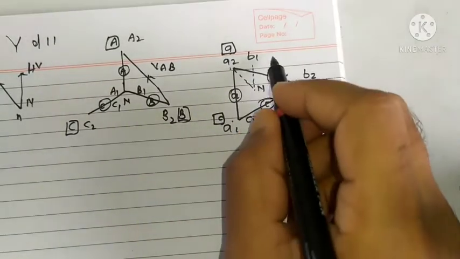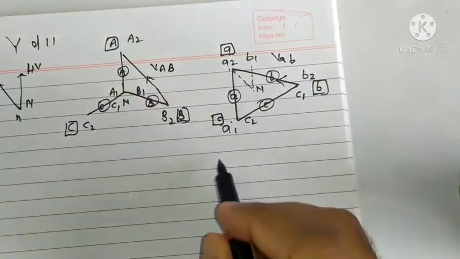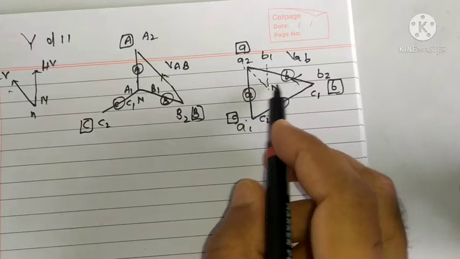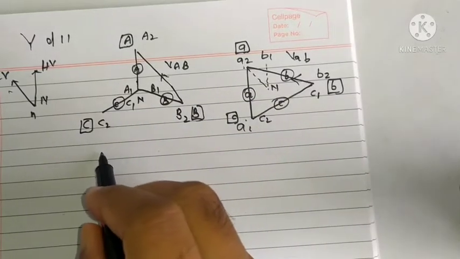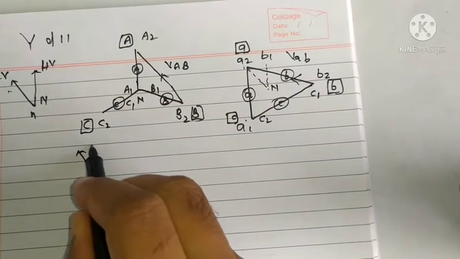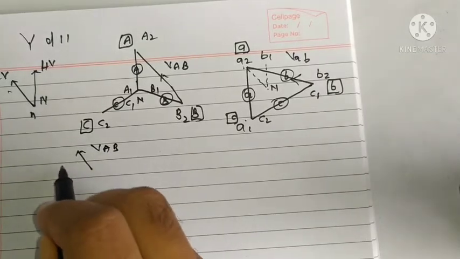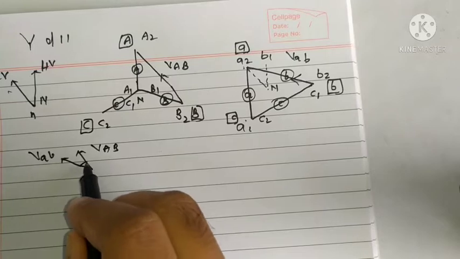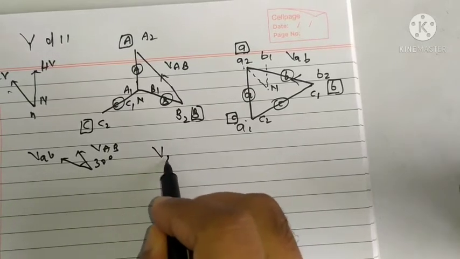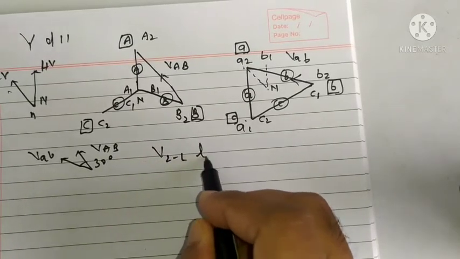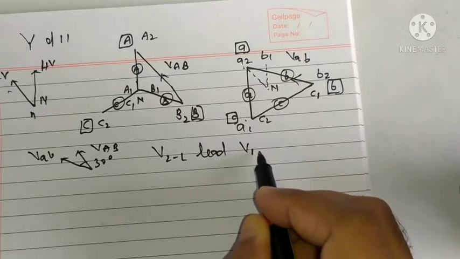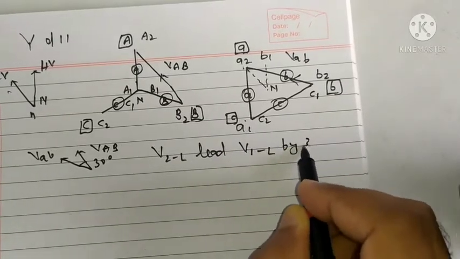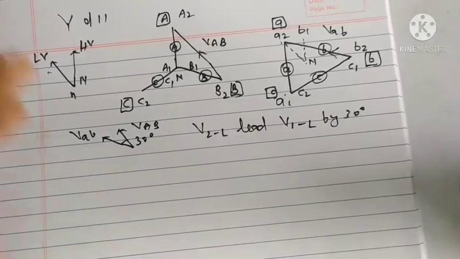So this voltage will be VAB. What we are seeing, this slope is more than this slope. This is VAB, and this is secondary line voltage VAB. The angle difference is 30. That is, secondary line voltage leads primary line voltage by 30 degree, right?